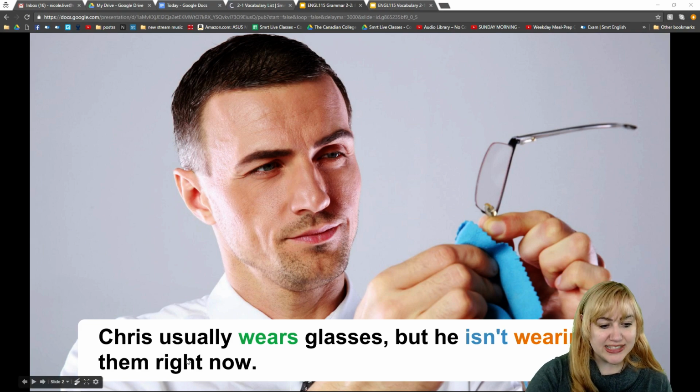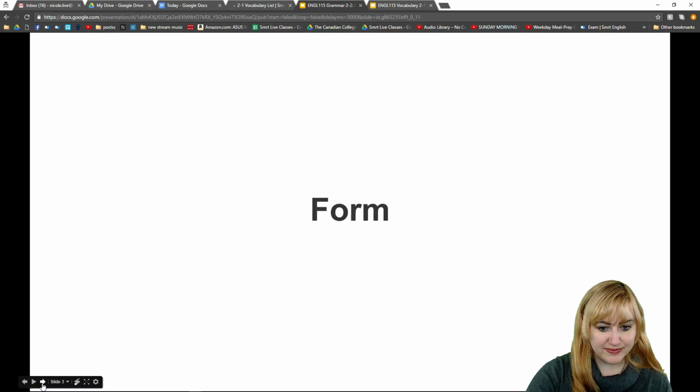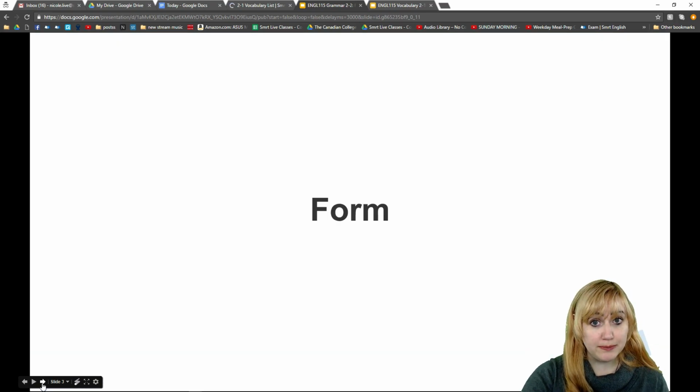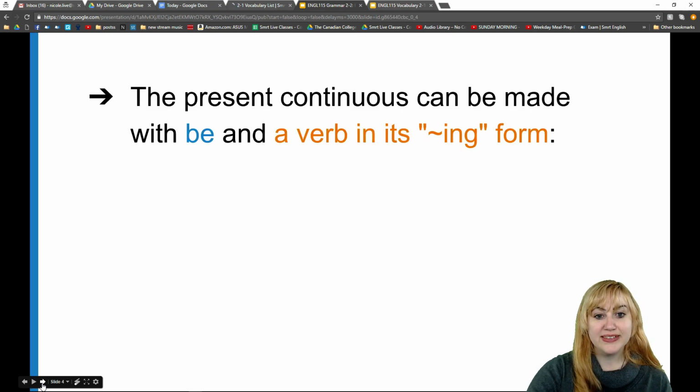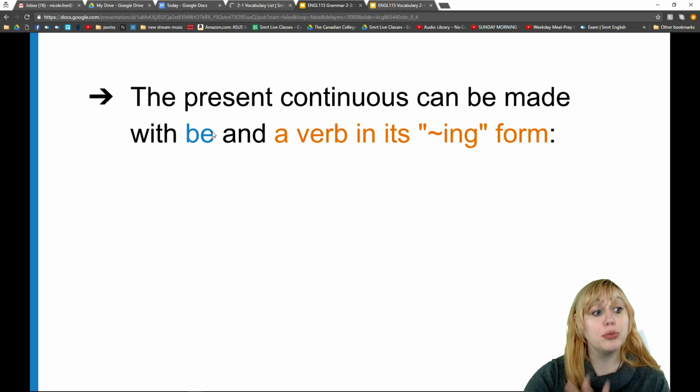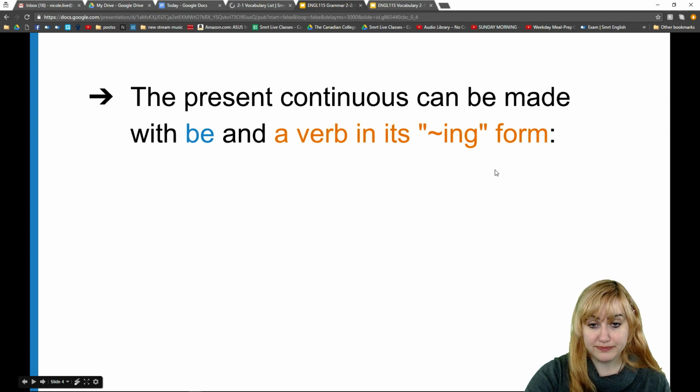All right, let's go a little bit further. So this is the form. The form is how to make this grammar point. It says here, the present continuous can be made with be, the present be, not past, and a verb in its ing form.